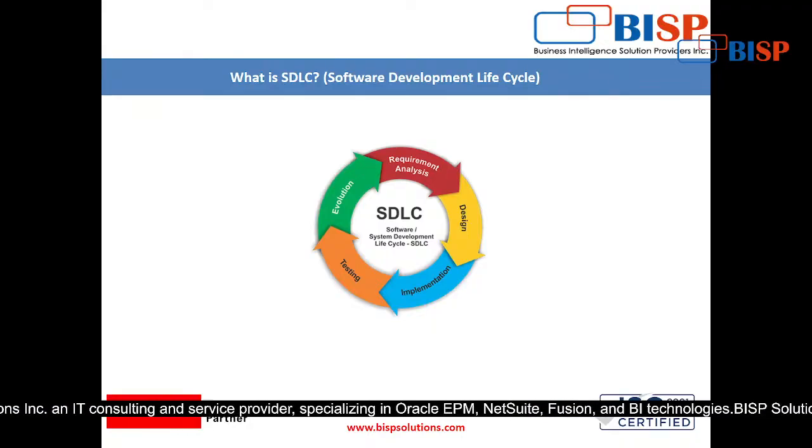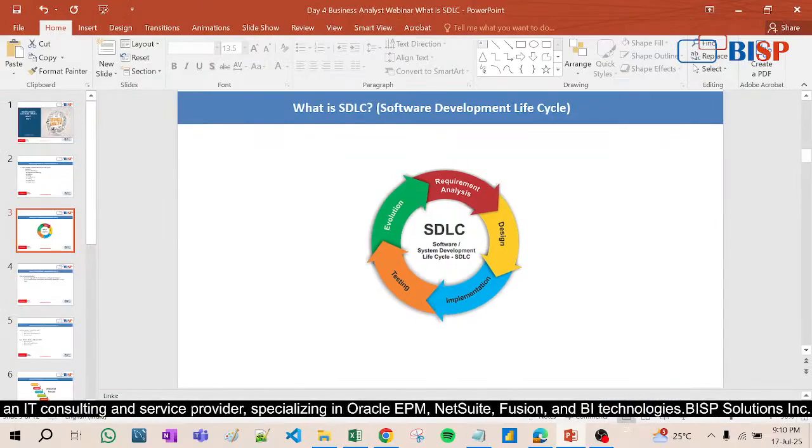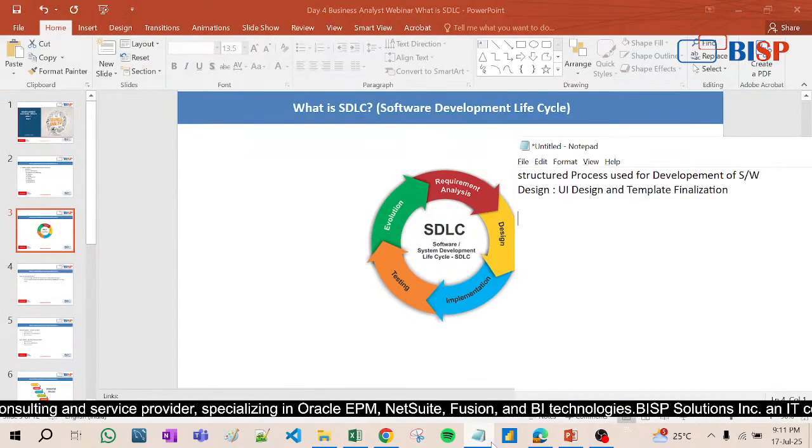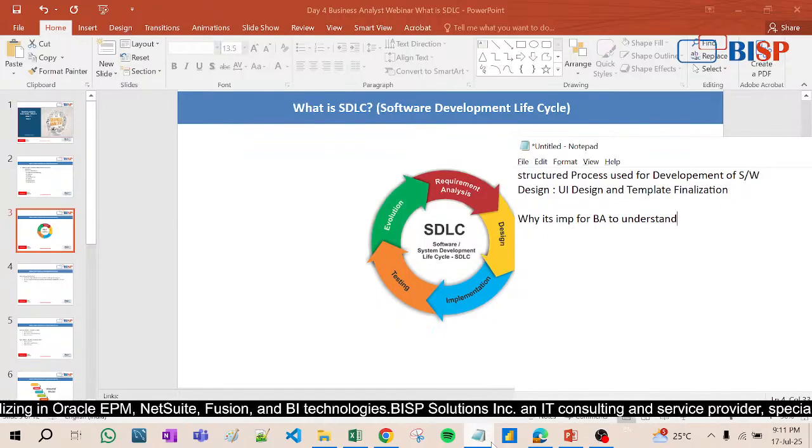Now the question arises, why is it important for a BA to understand this? Why should a BA understand all these things? See, we have already discussed that the technical team will never communicate with the client, and the client will never communicate with the technical team.